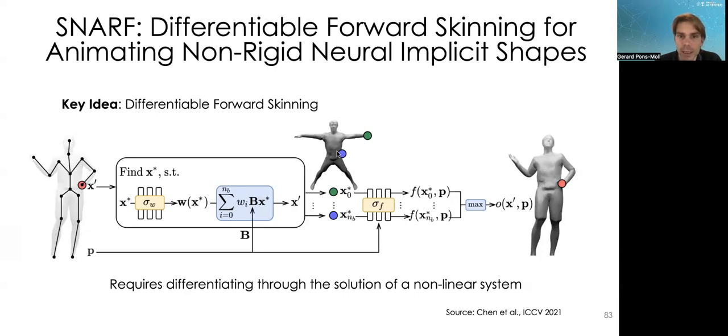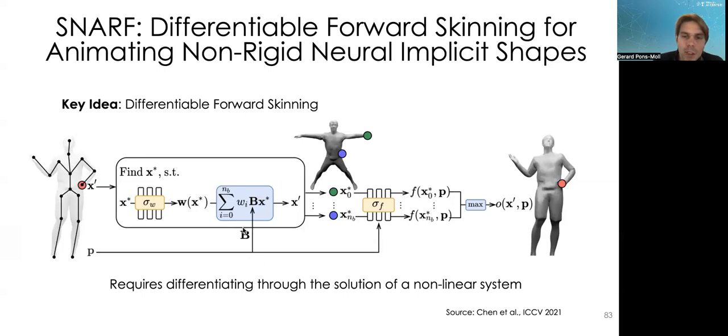For example, in this example, the blue dot or the purple dot and the green dot would both pose to x prime. They would both be valid solutions. So you consider all these valid solutions and obtain the occupancy with sigma f, which models the occupancy in this canonic space. Similar to NASA, we obtain the occupancy as the max, which says a point is occupied if it's occupied by any of the parts.